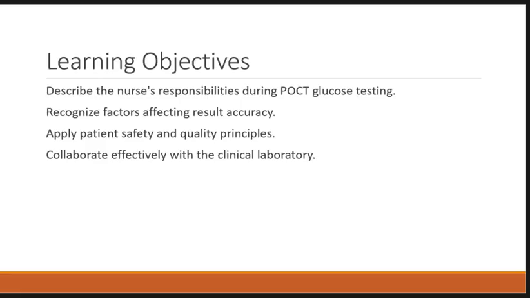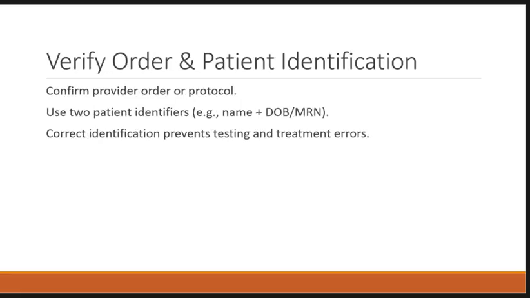with the clinical laboratory. Before performing point of care glucose testing, the nurse must verify that an authorized provider's order is present. No laboratory test can be performed without a physician's order, or that testing is appropriate according to the institutional protocols.